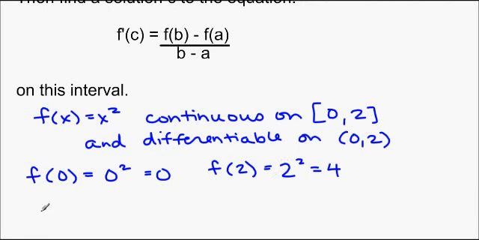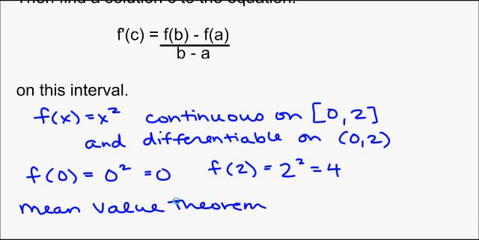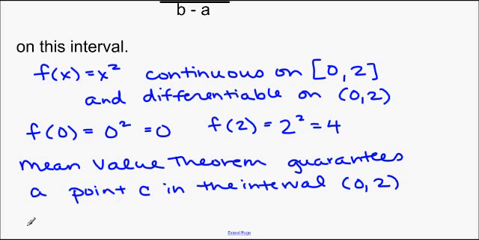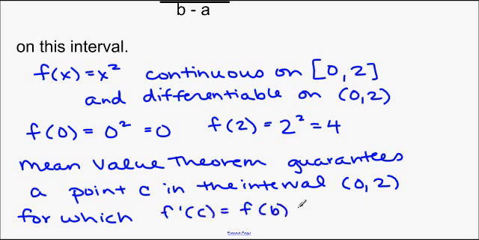With this information, the mean value theorem guarantees that there is a point c in the interval (0, 2) for which f prime of c equals f of b minus f of a over b minus a.